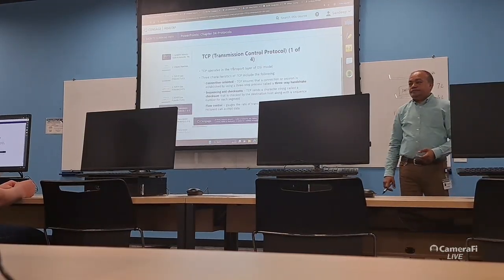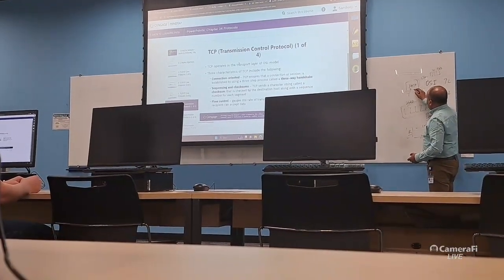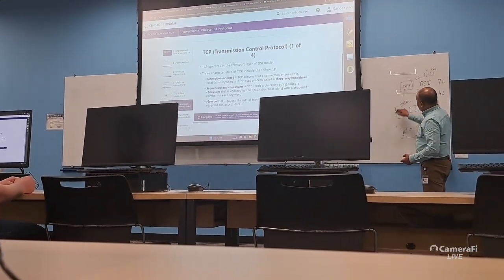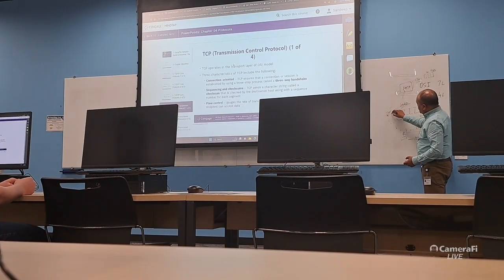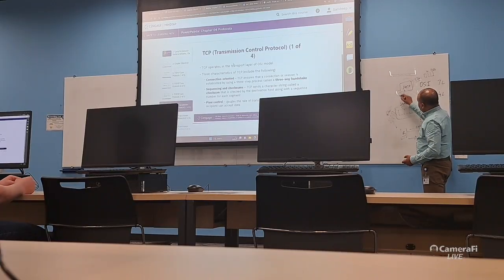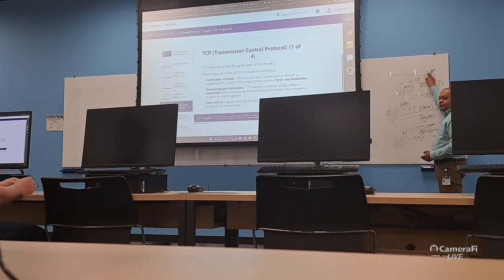Now, if someone modifies this data, then the receiver will generate this checksum again, another checksum. Because the data was altered, this checksum will not match with this checksum.